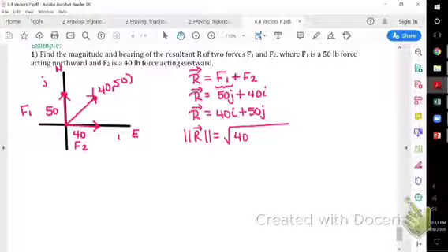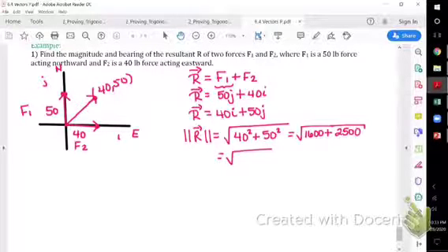So it's the square root of 40 squared plus 50 squared, which is the square root of 1600 plus 2500, or the square root of 4100. I'm going to give an approximation: rounded to the nearest tenth, I get 64.0. So there's my magnitude.